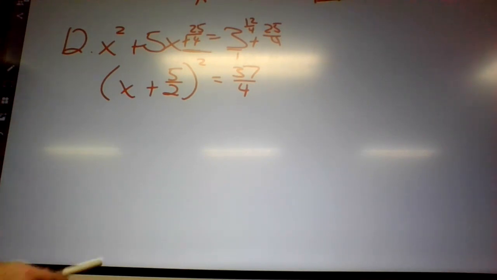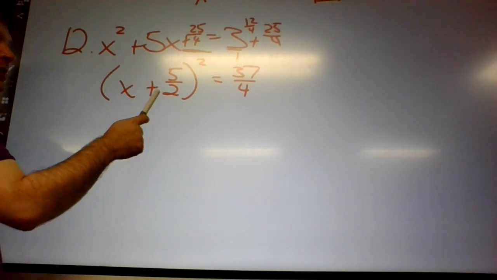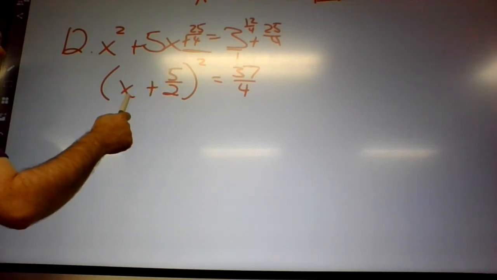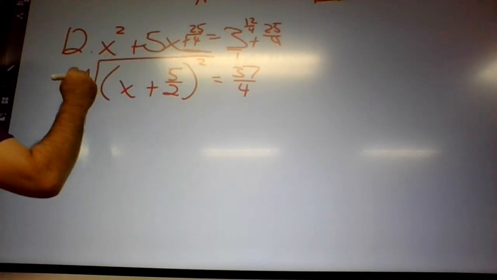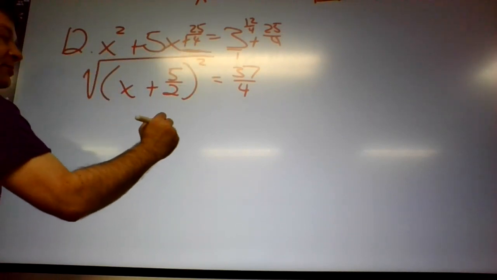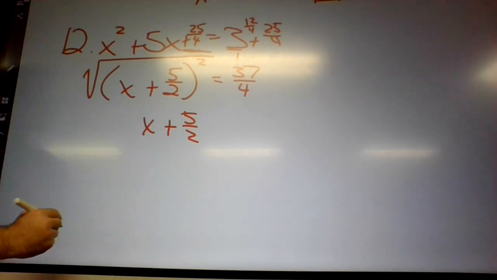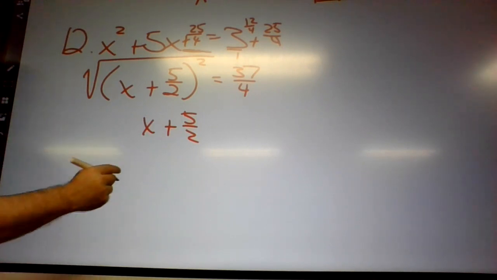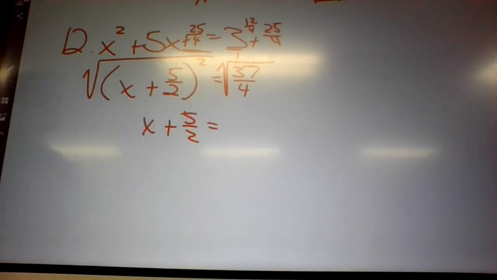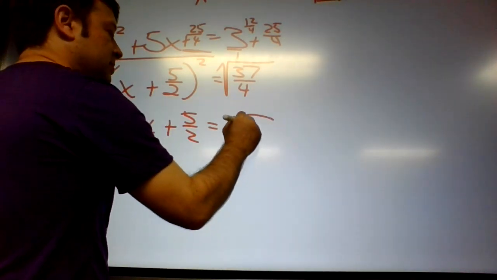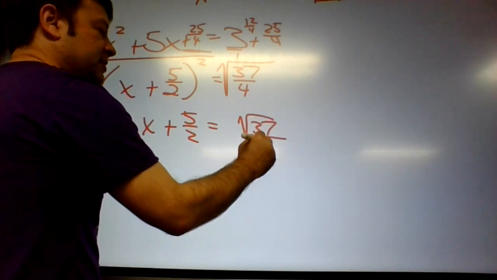Alright, now this part you do need to know how to do. What do we do to solve for x here? Square root. So that gets rid of our square, which is good. And then this side, square root it. Does 37 have a square root? No. Does 4 have a square root? Yes, and that is 2. So the top, we just leave the square root of 37.